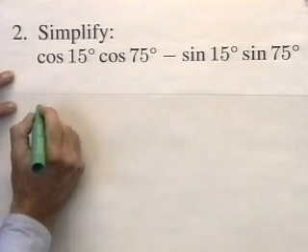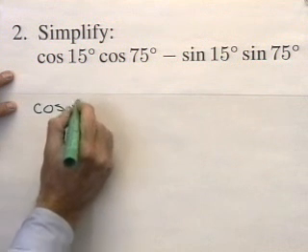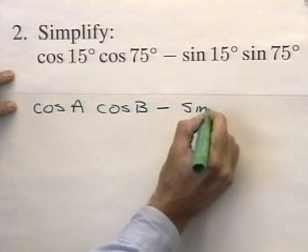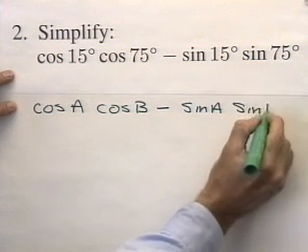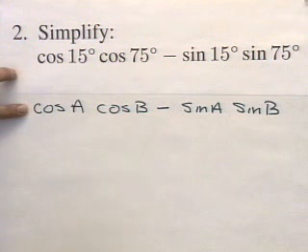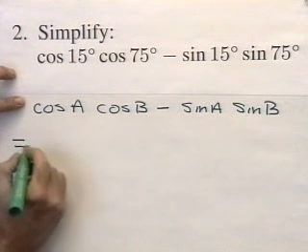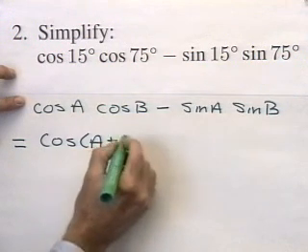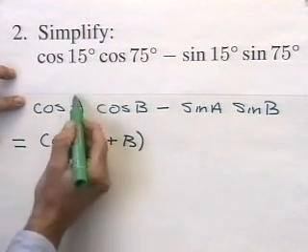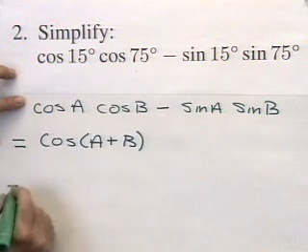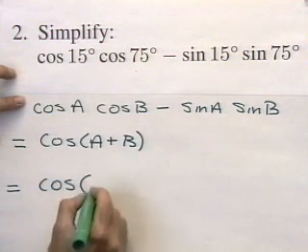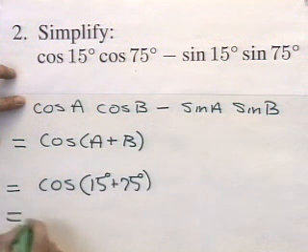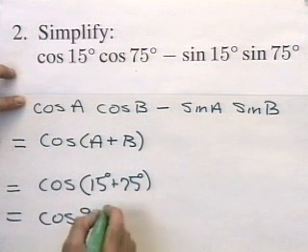Now this looks like cosine A, cosine B, minus sine A, sine B. Now I know that this is the expanded form of the sum formula, cosine of A, not minus, but plus B. So if A is 15 and B is 75, then this is going to be cosine of 15 degrees plus 75 degrees, which is the cosine of 90 degrees.